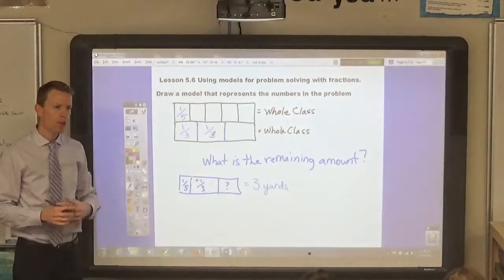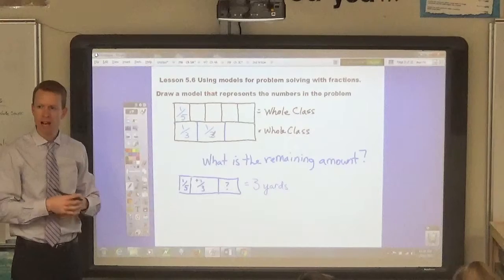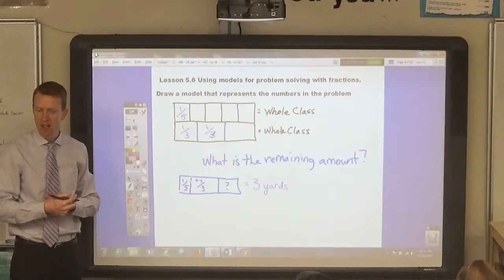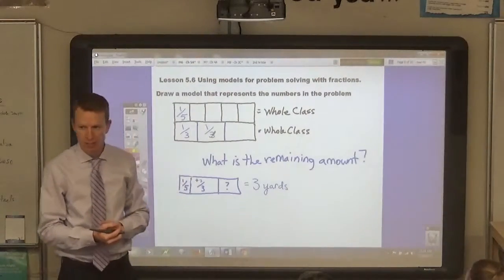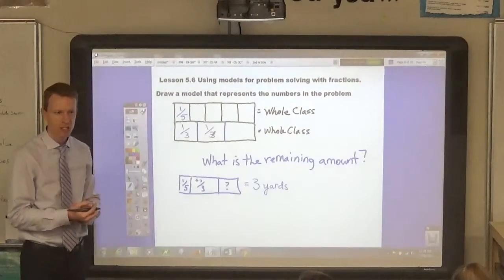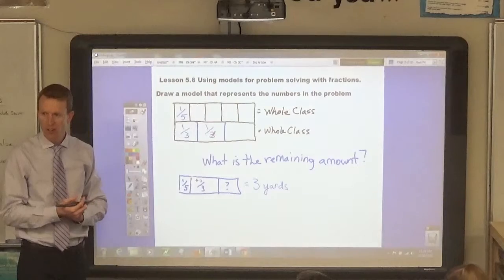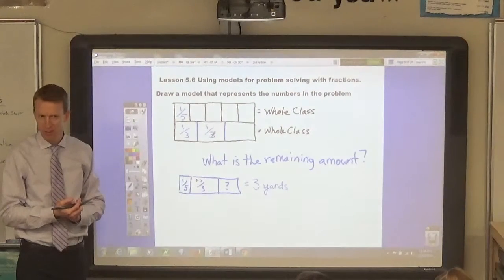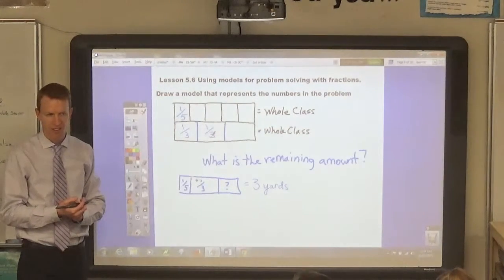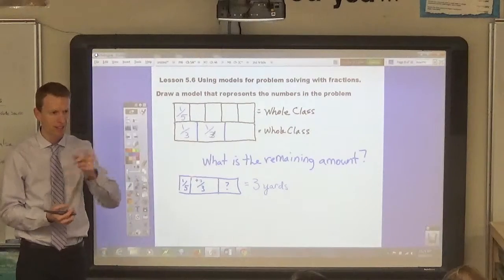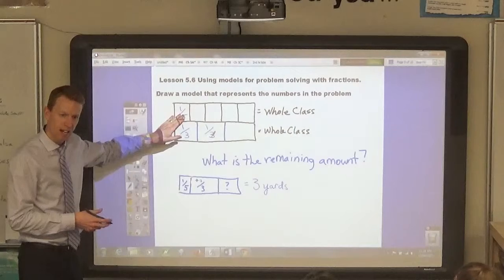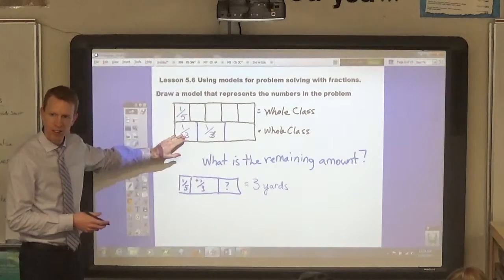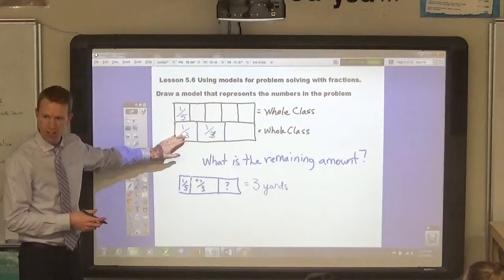Now, which class has a higher percent of students that like other teams other than the Vikings? Max? 6th grade. The 6th grade, because they only have 1/5 of the class versus 2/3.